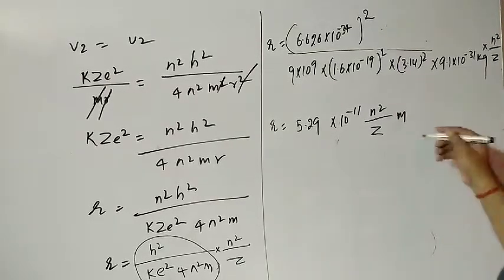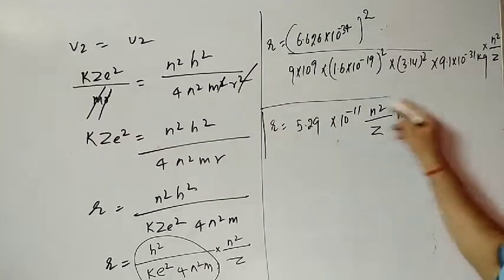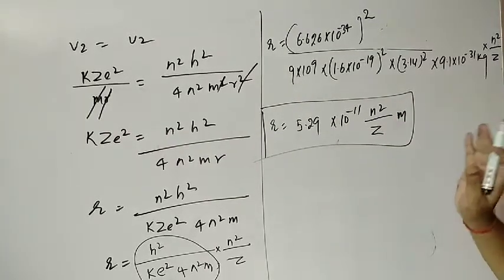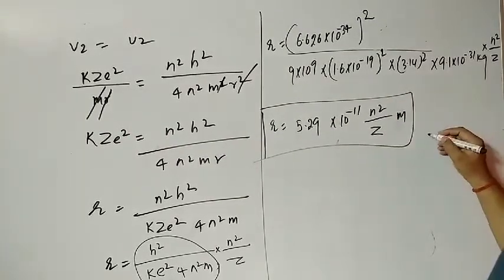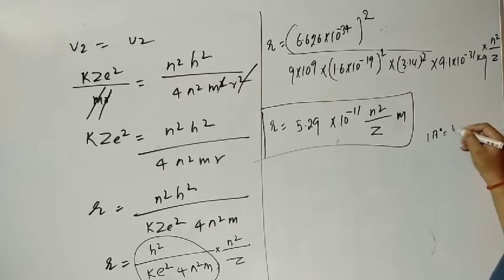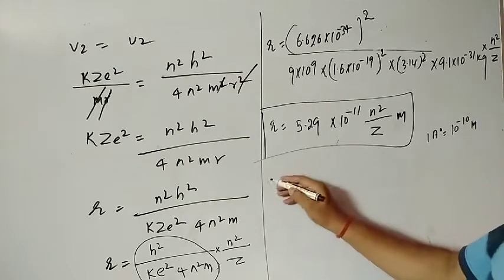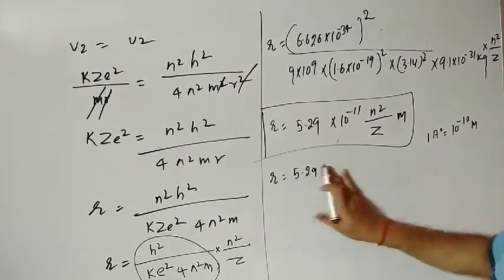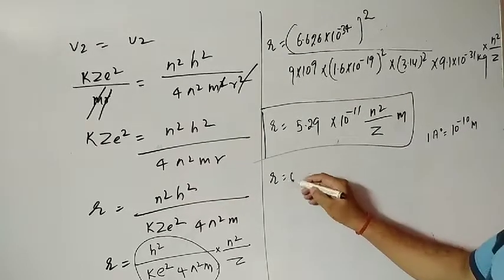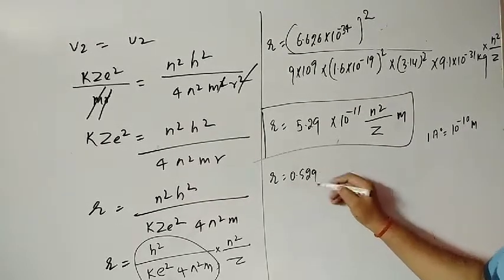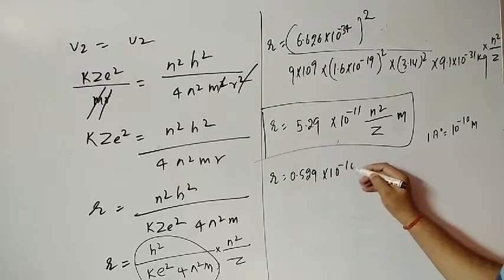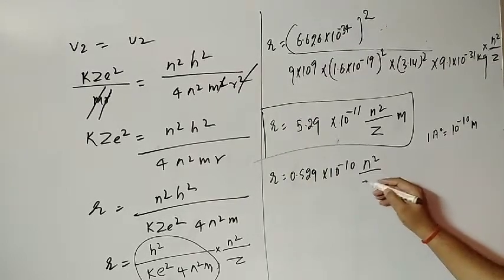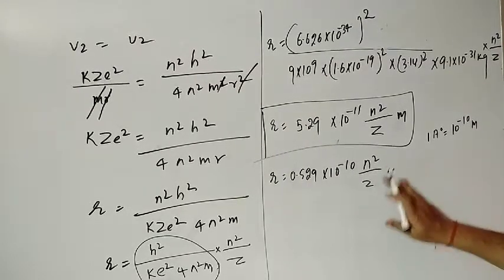Dear students, this is the radius. If they ask for the radius in meters, that is the formula. 1 angstrom is equal to how much? That is 10 power minus 10 meter. So r is equal to 0.529 into 10 power minus 10 n square upon z meter.